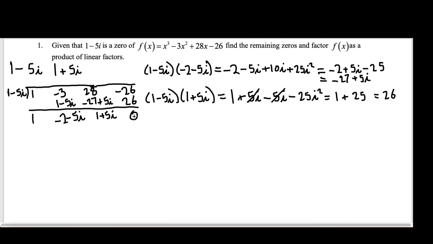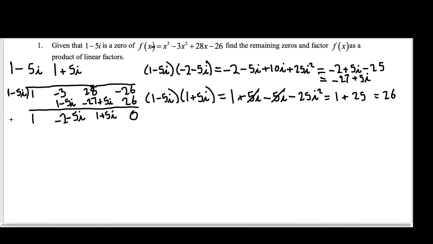Okay. So now I'm going to do synthetic division again with the second 0. Now, because 1 plus 5i we know is going to be a 0 of the original function, that means it's also going to be a 0 of the quotient of the division that we just did.